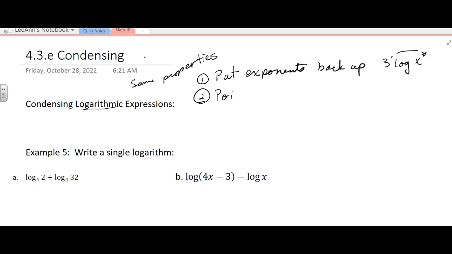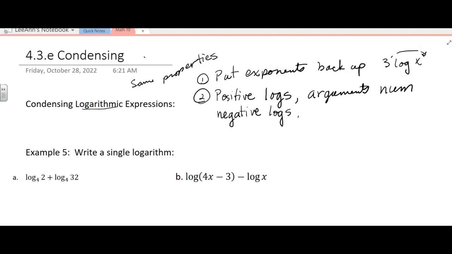Well, anyway, that's probably not the best way to say that. Okay, positive logs. I'll just say positive logs. Their arguments go in the numerator, and the negative ones, the ones that are being subtracted, their argument goes in the denominator.